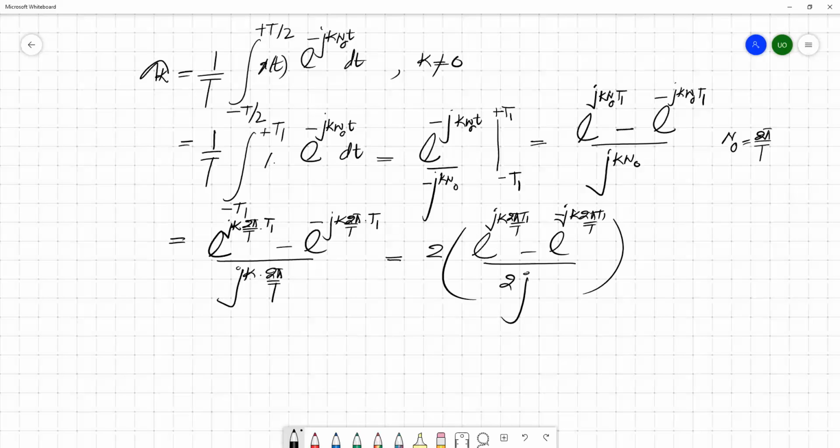So this 2 and this 2 cancel. Then we have k here, so we can simply represent this as sine 2 pi k t1 over t.